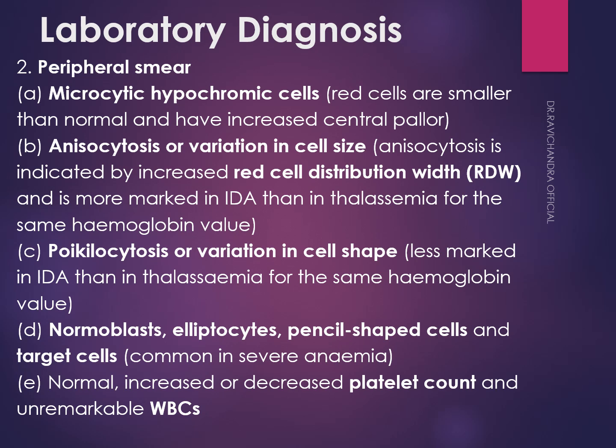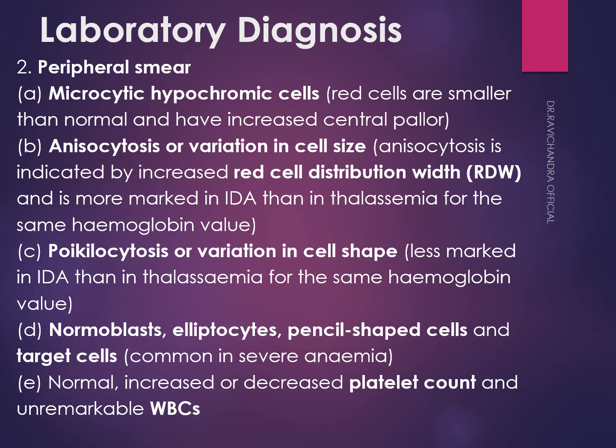So if a thalassemic patient and an iron deficiency anemia patient come with a hemoglobin value of 7, if you observe the peripheral smear, there will be more anisocytosis in iron deficiency anemia when compared to thalassemia. So this RDW will help you in coming to the diagnosis of IDA, and it helps in differentiating it from thalassemia.